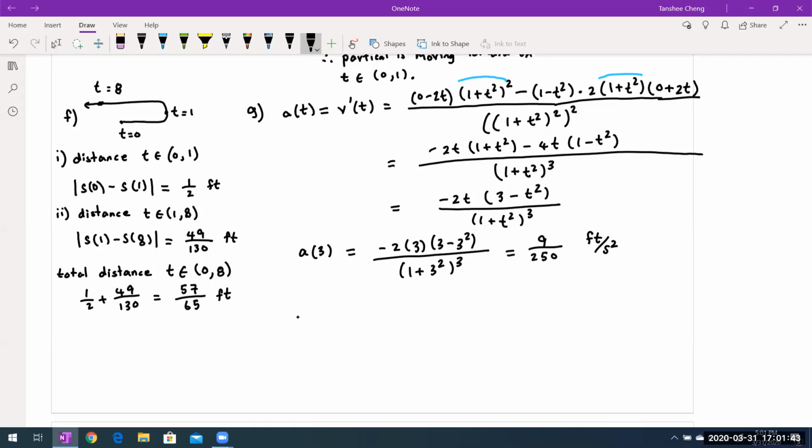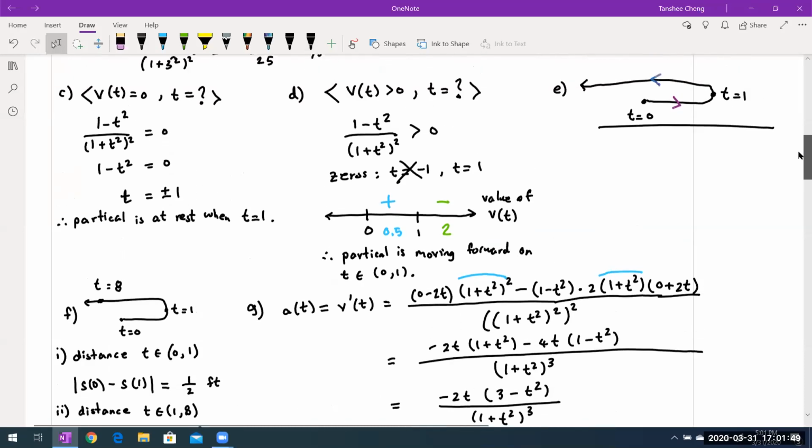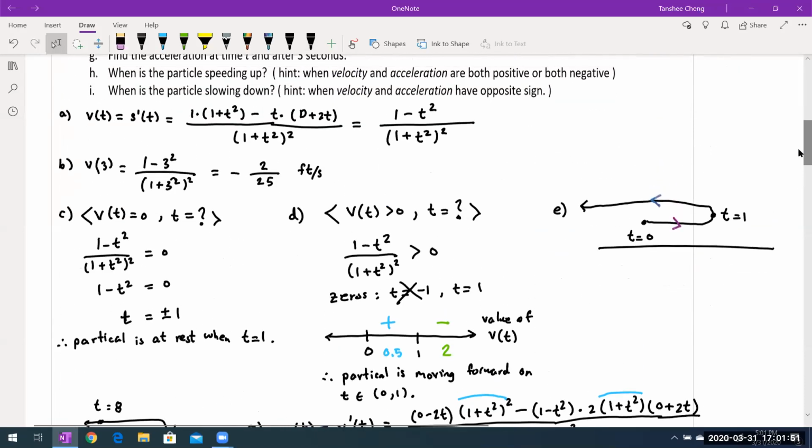All right. So what is the next question that they're asking for? The next question is asking when the particle is speeding up and when the particle is slowing down. This H and I, we're going to do together. And why? Because what does it mean for the particle to be speeding up?